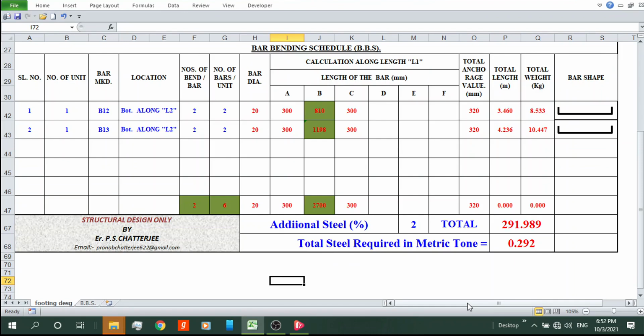This is our bar bending schedule for bottom bar along L2. This is first bar A5 bottom. This is equal to A5 bottom into rate of increment into actual spacing provided. Now once again I'm going to copy this cell.